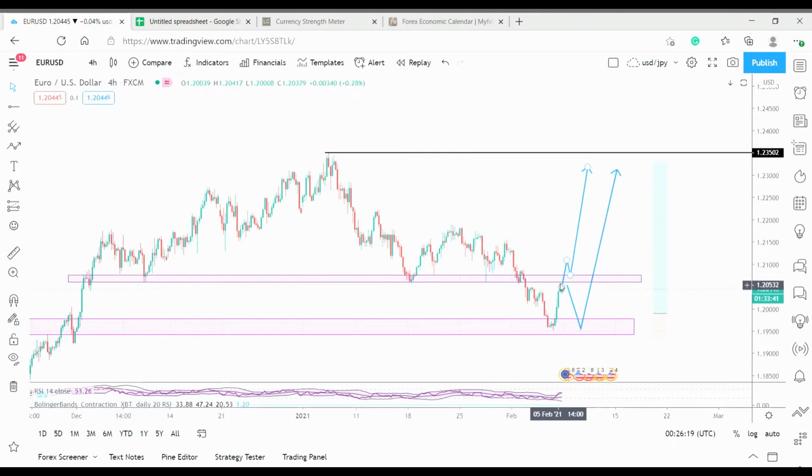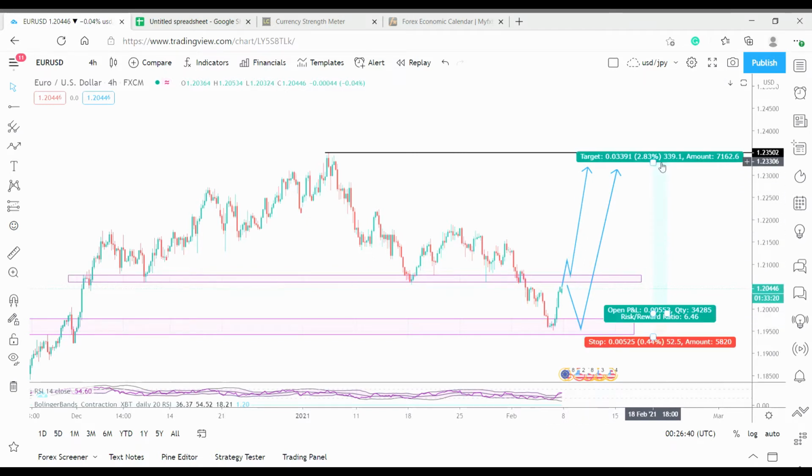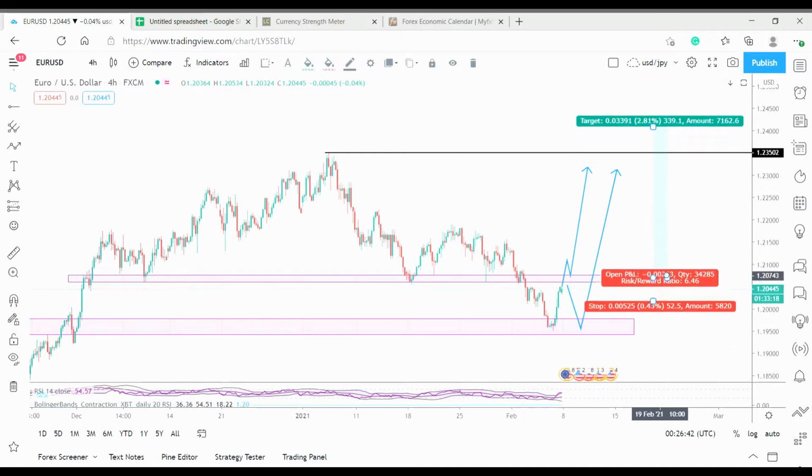And we would like to wait to see whether it gives us a break and retest scenario where we can see it break over this level here, then come back and retest it. If that's the case, then we'll be looking at a long position with a risk to reward of 1 to 4, 1 to 5.